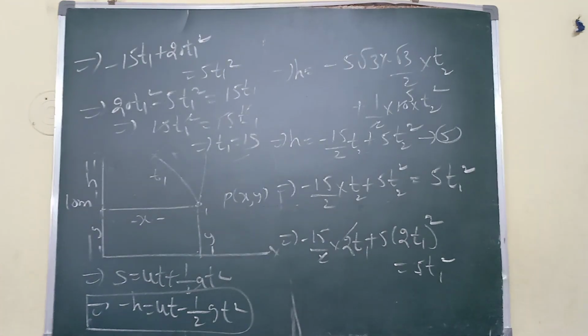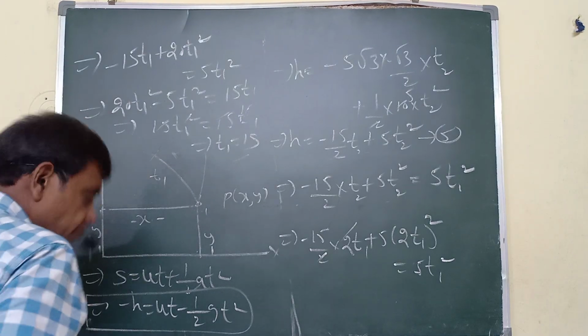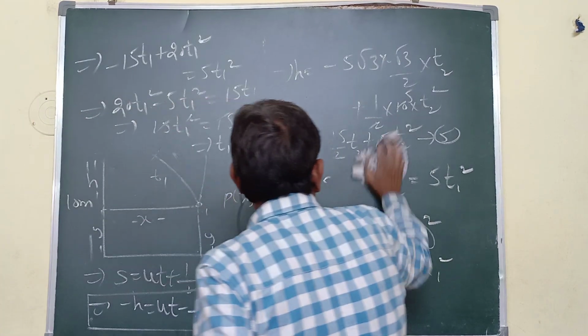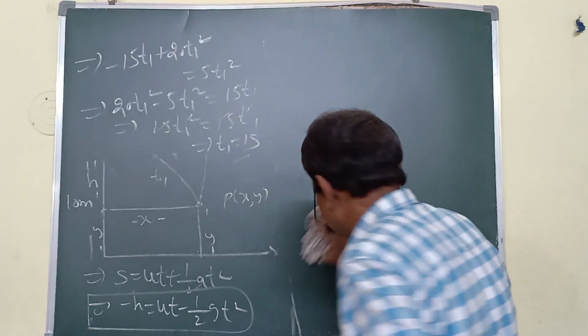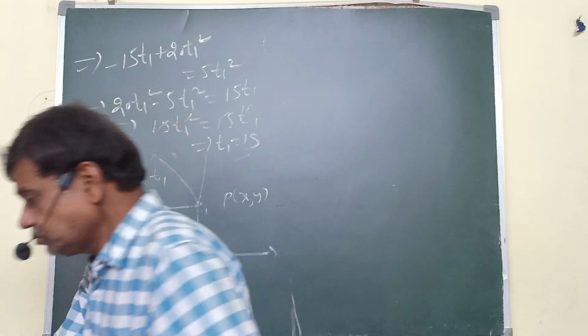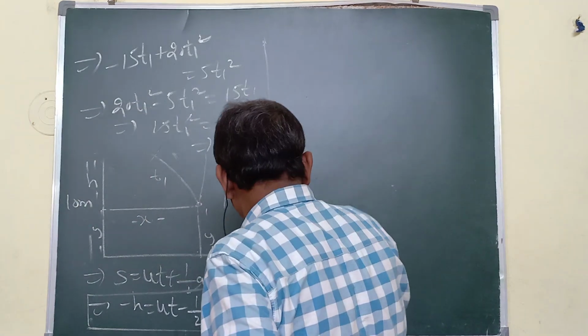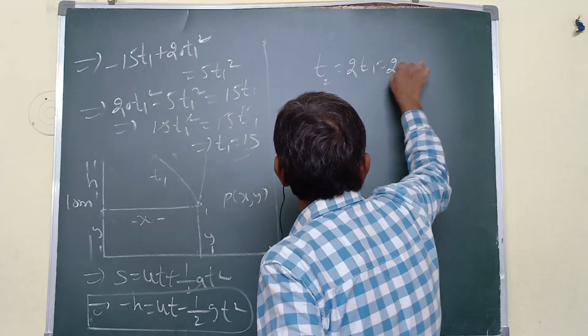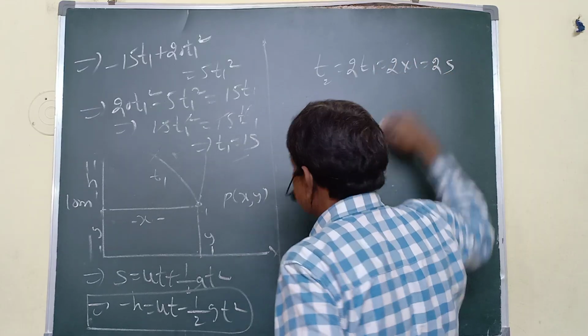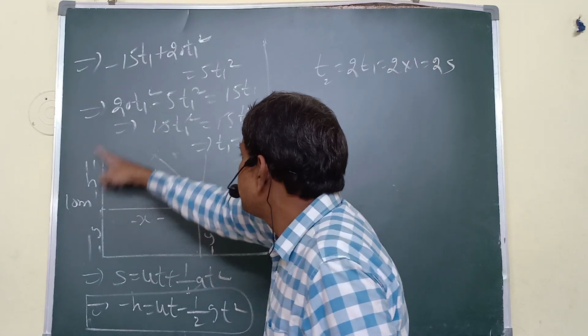Again T2 equals to 2 T1 relation. So 2 into 1, that is 2 seconds. So this is 1 second and this is 2 seconds.